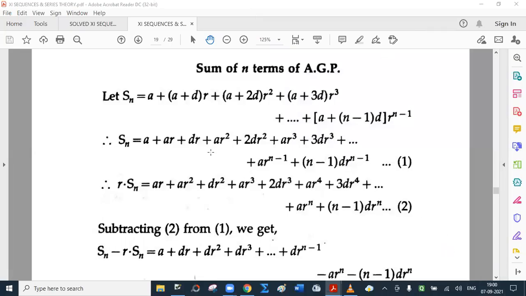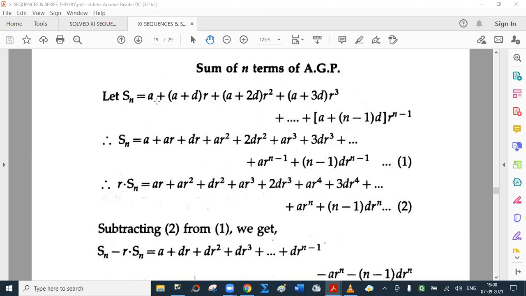Let Sn be the sum of the n terms: a plus (a plus d)r plus (a plus 2d)r square up to what? This is the nth term, a plus (n minus 1) into d, r raised to n minus 1.